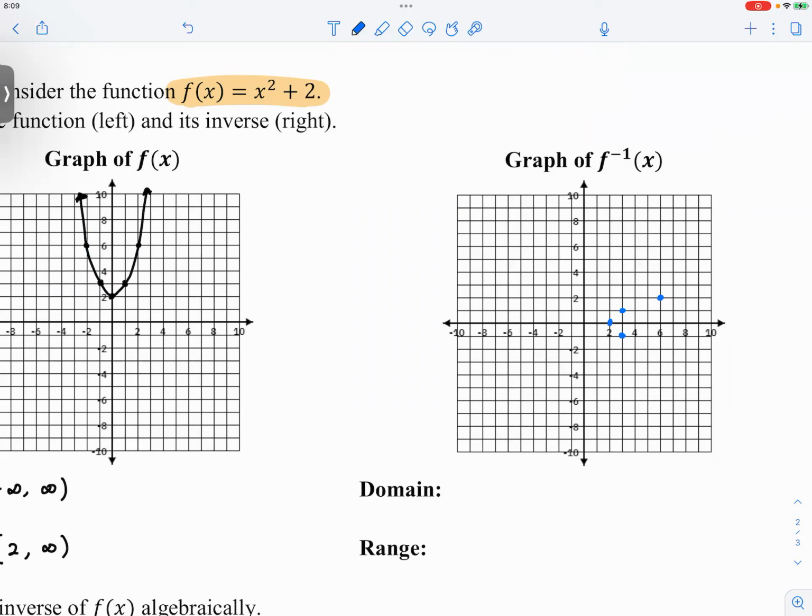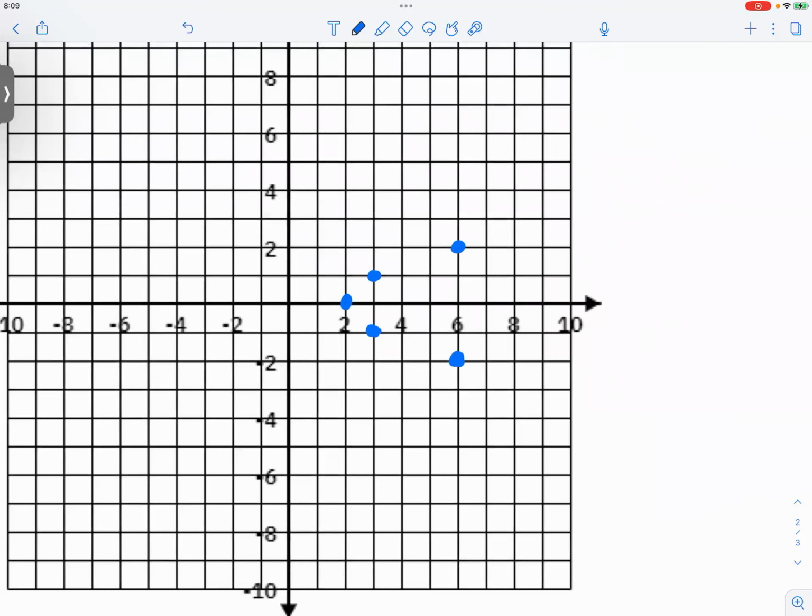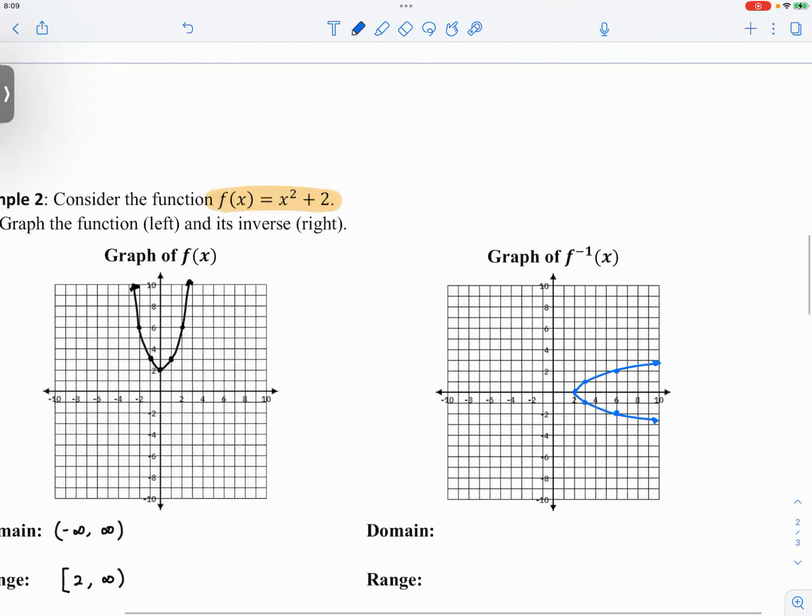That means we shall have a point at (6, -2). So if you can see the shape right here, you have a parabola going sideways. Okay.